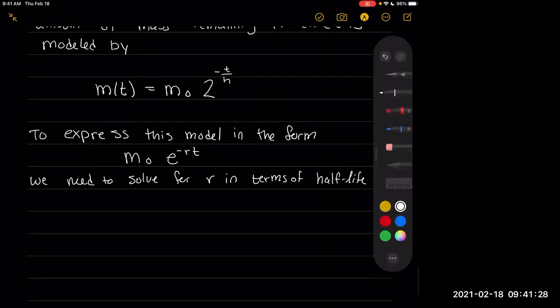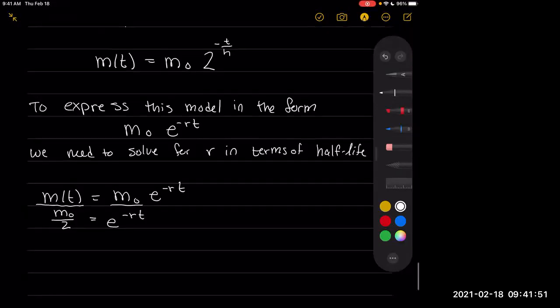So if we look at m of t equals m naught e to the minus rt, and we want to find when our mass is half of our initial mass, that means our output is going to be m naught over 2. And t would be the time it takes to become h, our half-life.